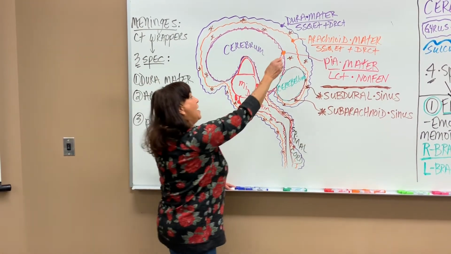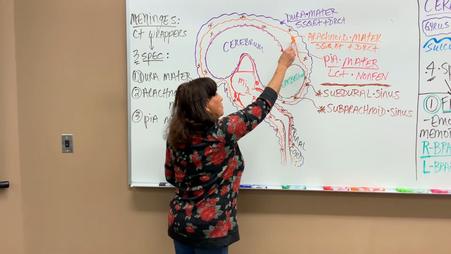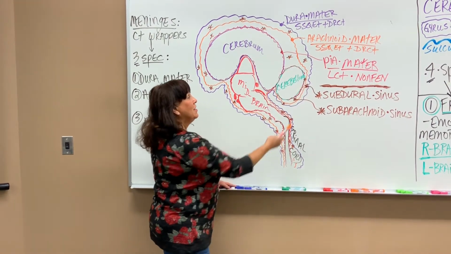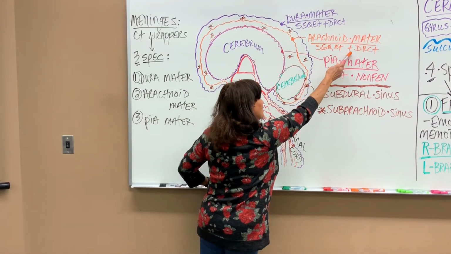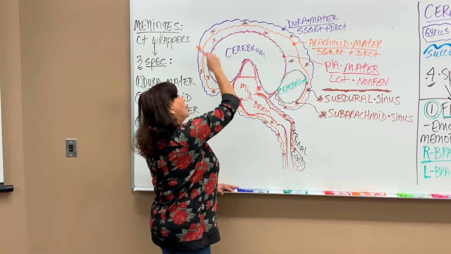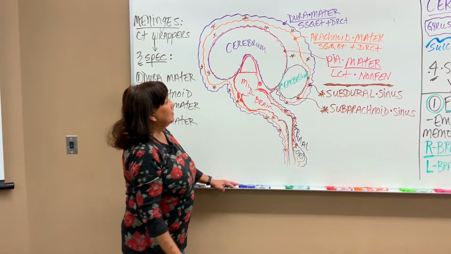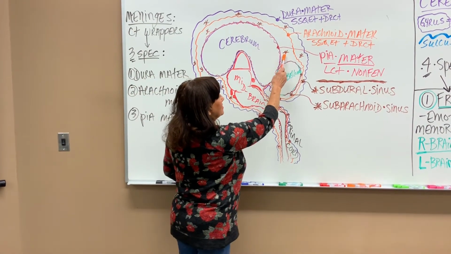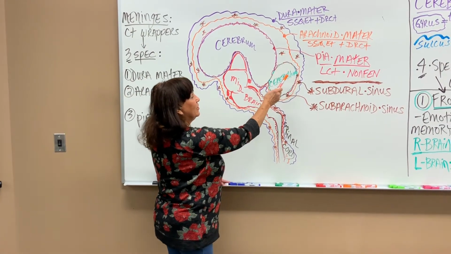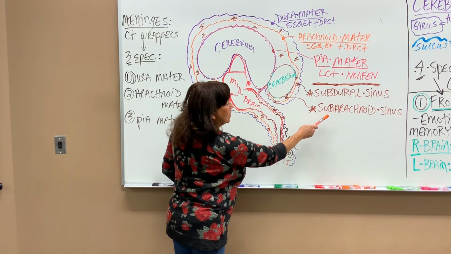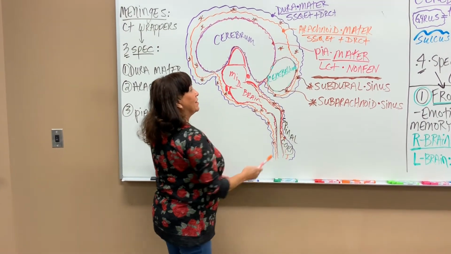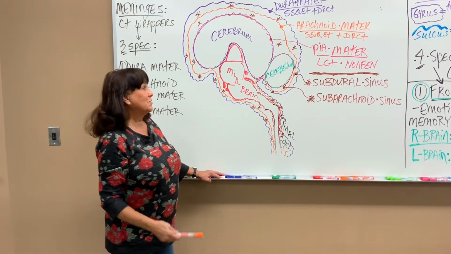And then we have the arachnoid mater. Arachnoid mater, again, simple squamous dense reg CT going around all the nervous tissue right here. All right, then we have another sinus under the arachnoid mater, and that's called the subarachnoid sinus right there, and it's right above the surface of the brain.